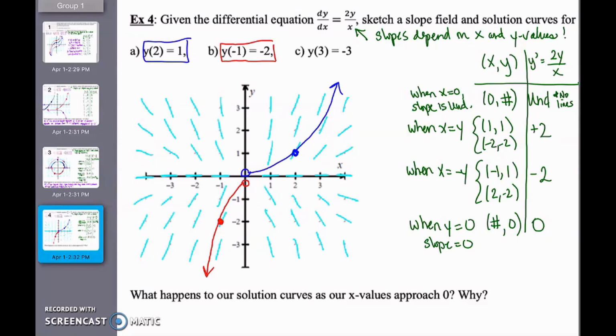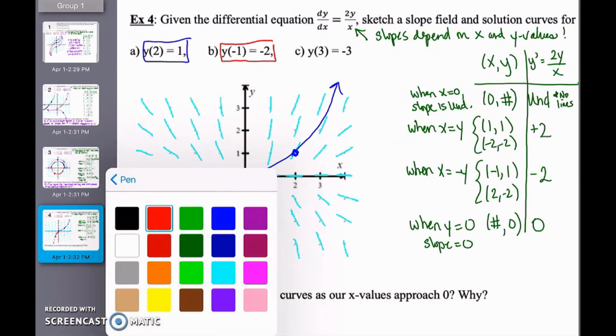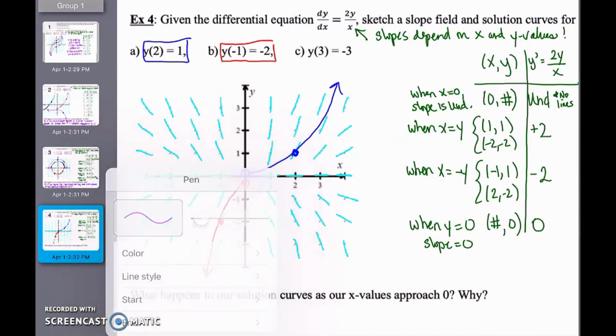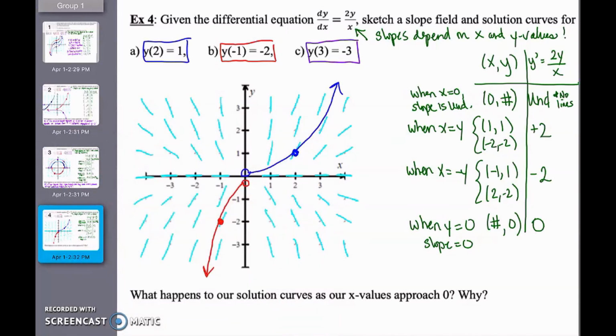And my last solution curve is passing through the point 3, -3, right here. So going down on the right and on the left, coming up, and wherever it intersects, it's going to be an open circle one more time.